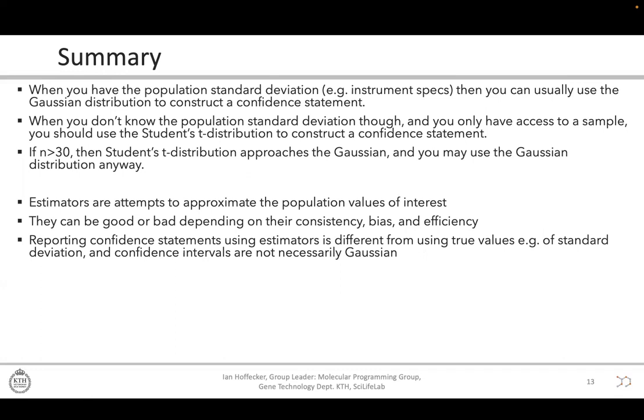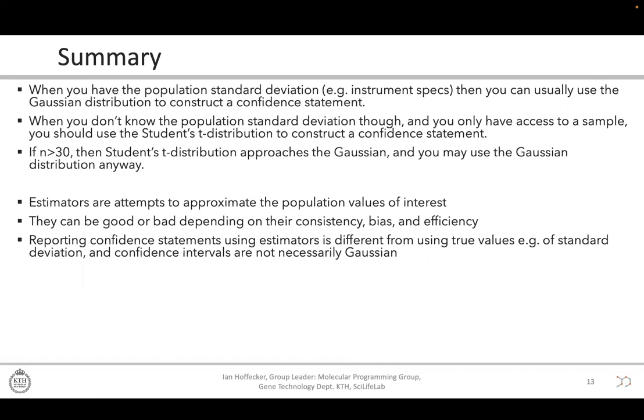In that case, we can still construct a confidence statement about the population, but we're going to use the student's t-distribution and the estimator for the standard deviation. And then this is important. We have this table with different numbers of degrees of freedom that we calculated. So what happens for large degrees of freedom, for example, larger than 30? Well, in that case, the student's t-distribution begins to approach the Gaussian, and you can just use the Gaussian distribution anyway.